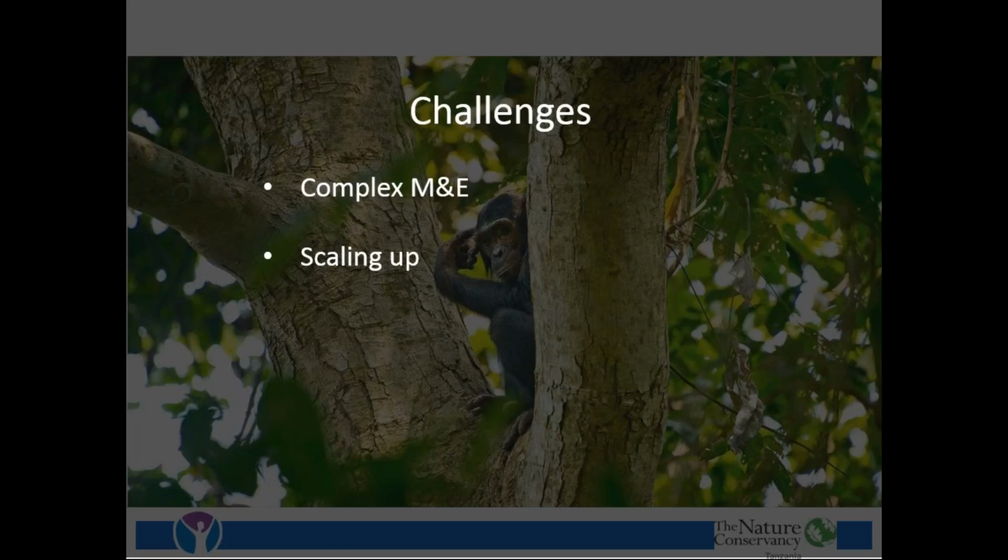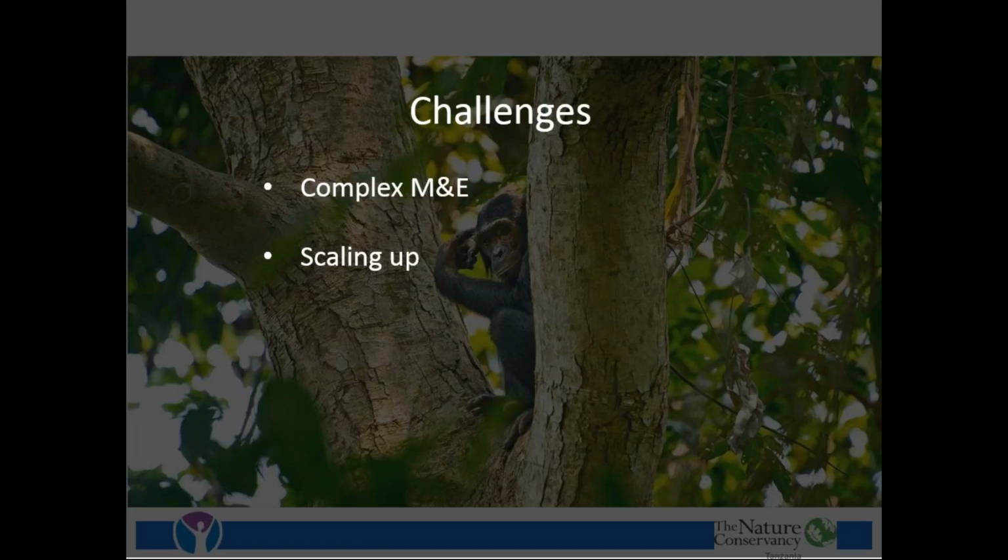Establishing a local group, for example, that has the legal right to manage fisheries and the capacity to do so, it takes willing leaders. It takes a district government declaration. It takes training, equipment, and most importantly, it takes a lot of education and outreach to fisher folks. So it's usually several years from the startup to the operation of one of these fisheries management units.